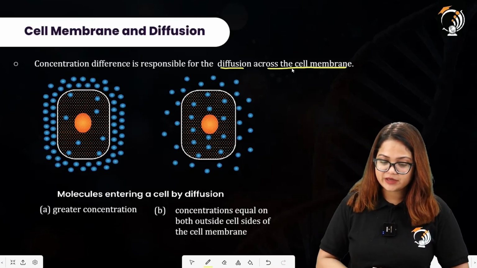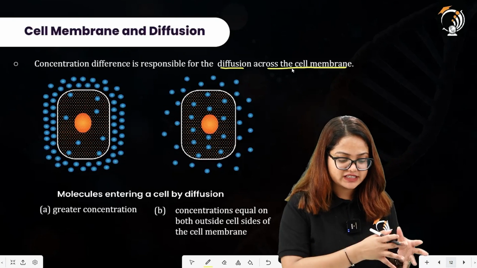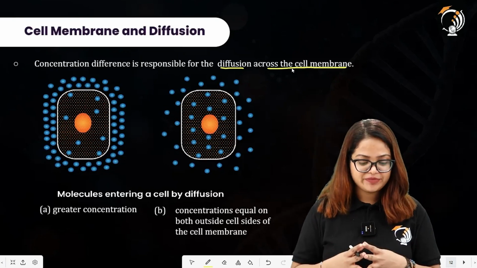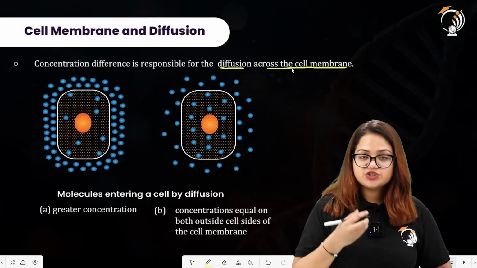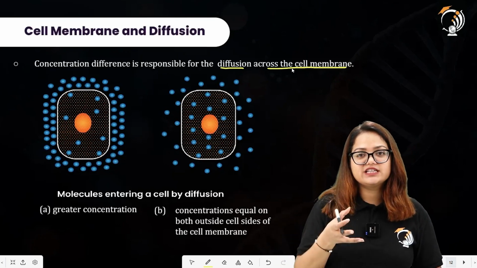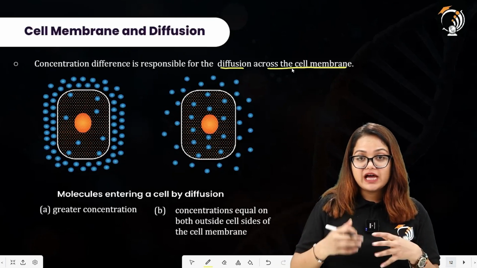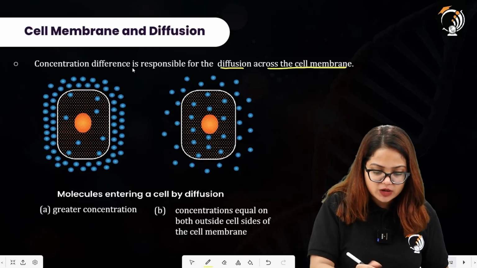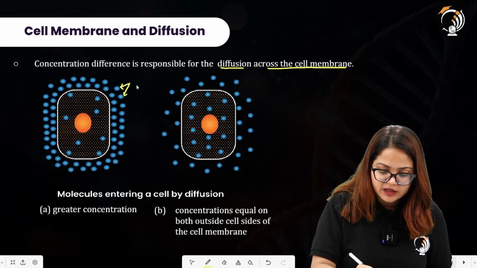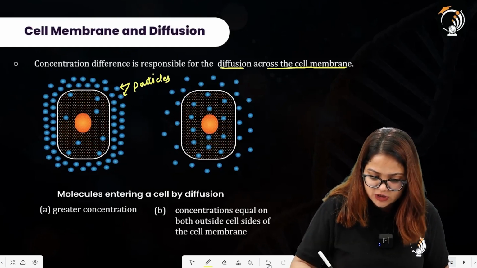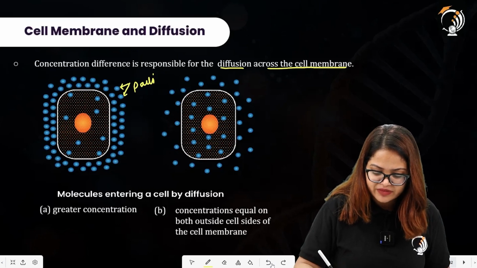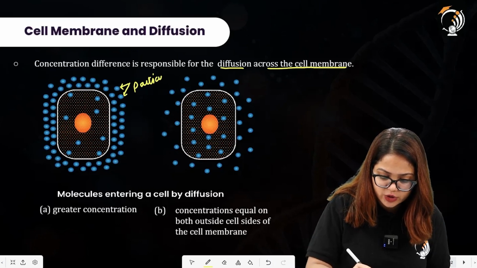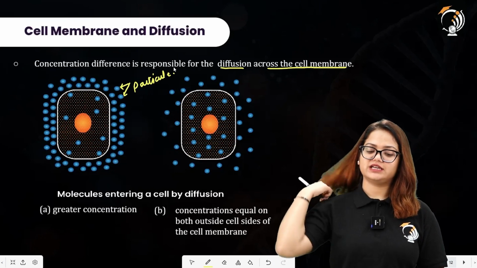We have the diagrammatic representation in which the left-hand side, diagram A, has a greater concentration of molecules outside the cell, so molecules higher in concentration are surrounding the cell. The blue dots here are the particles. It can be particles of gas, it can be particles of anything, you can consider it to be solute as well.